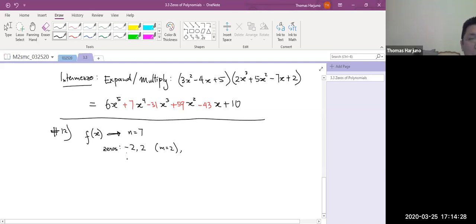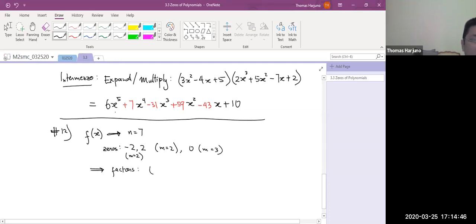Negative 2 has multiplicity 2, 2 also has multiplicity 2, 0 has multiplicity 3. Once we know the zeros and their corresponding multiplicities, we can find the factors.